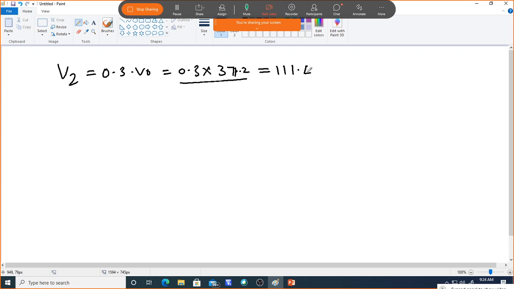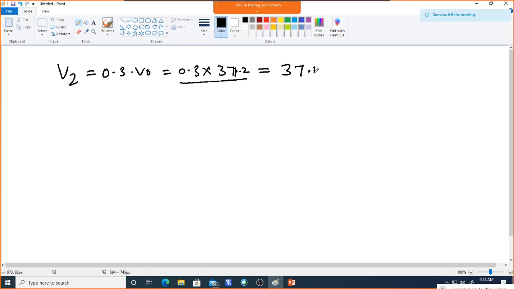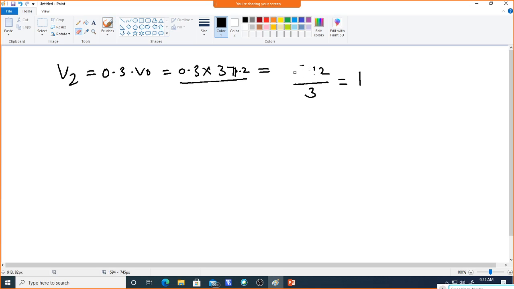Calculate it and tell me, or we can write it as 371.2 divided by 3, which is equal to, sorry, 111.36.